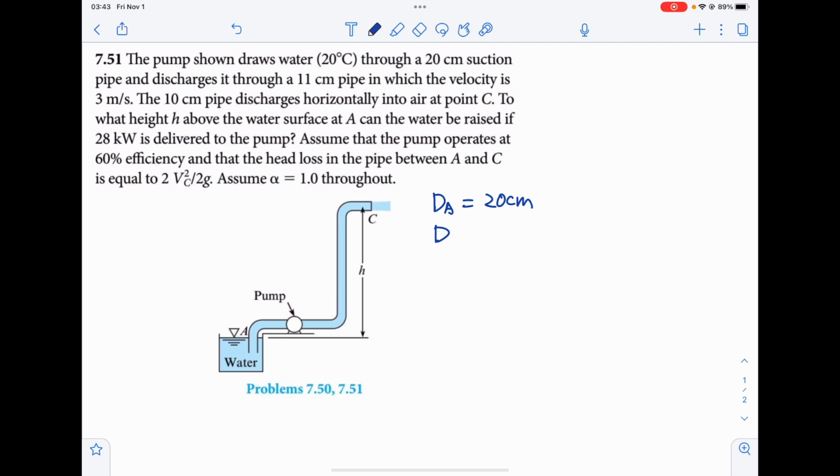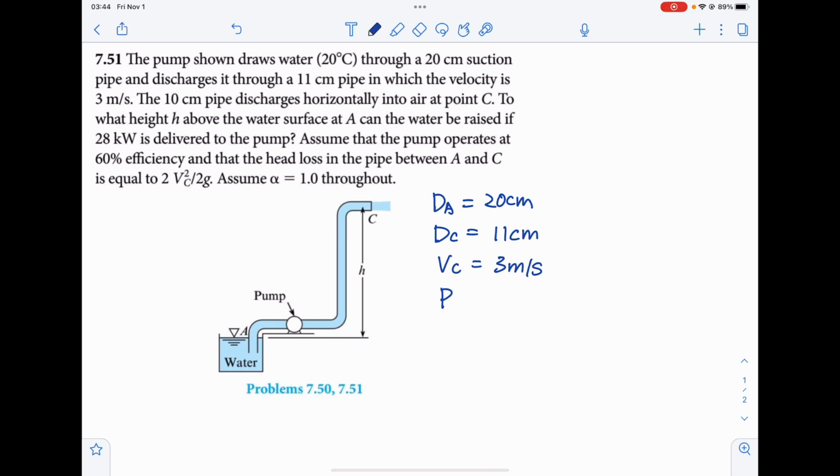The diameter at point C is 11 centimeter. And the velocity at point C is 3 meters per second.